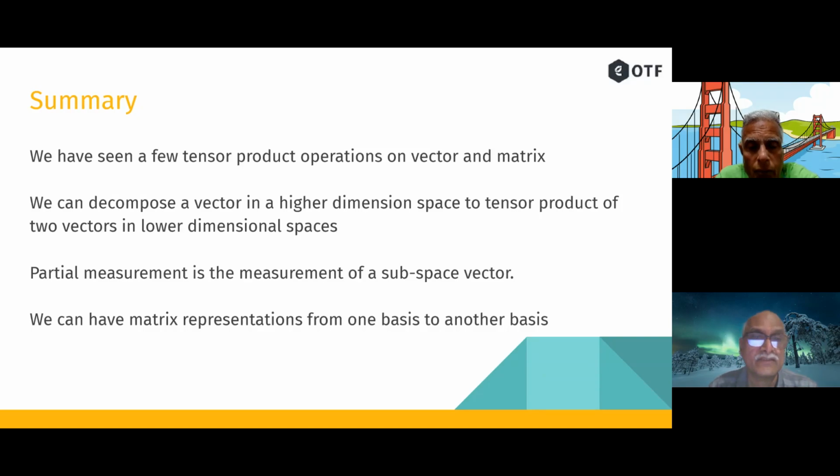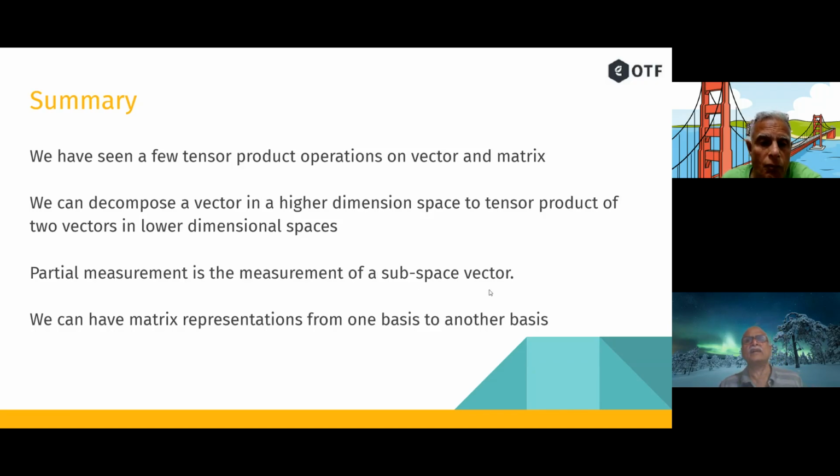Quite similar to saying that if I have two vectors in a lower dimension space, the tensor product will yield a vector in a higher dimension space, right? Secondly, a partial measurement gives me the measurement in a subspace vector.